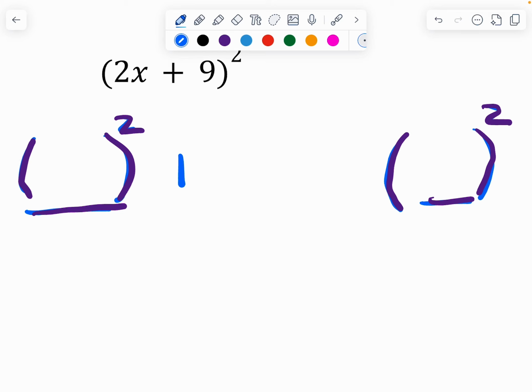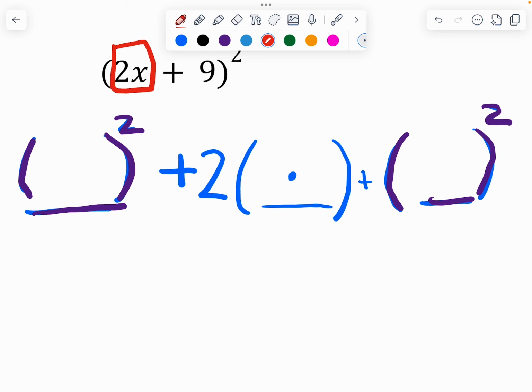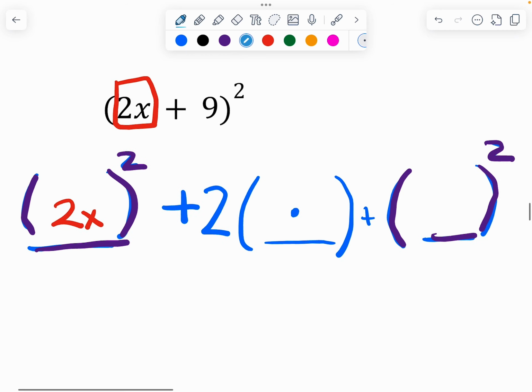And then in the middle, I take 2 and I multiply them together. So I'm going to take this term right here and put it right here. I'm going to take this term right here, and I'm going to put it right here. Then in the middle, I'm going to take the first term and multiply it by the second term.